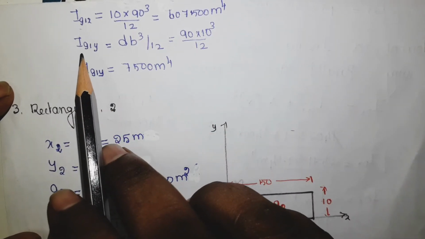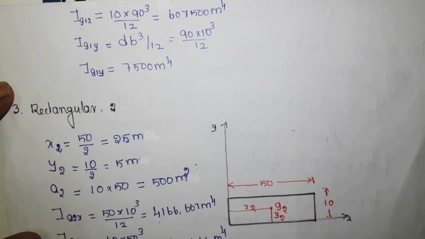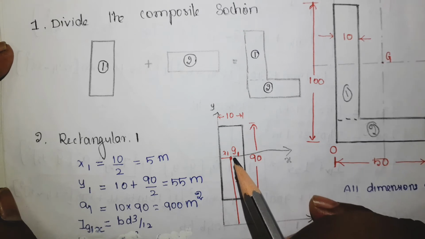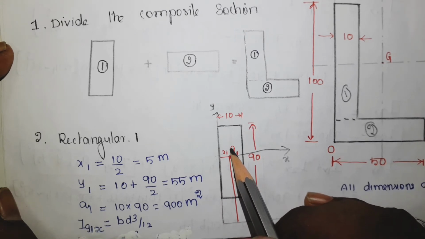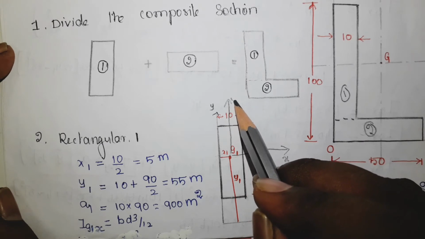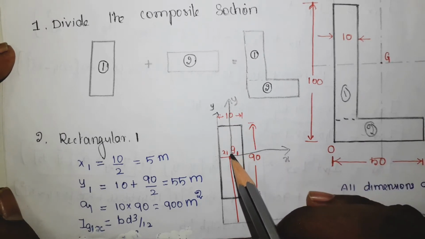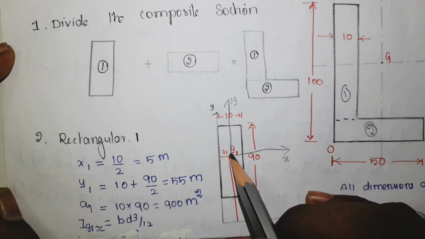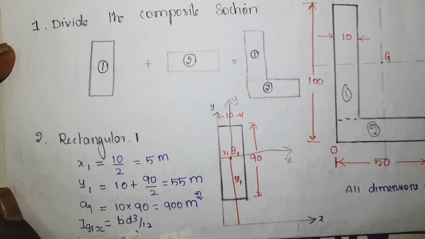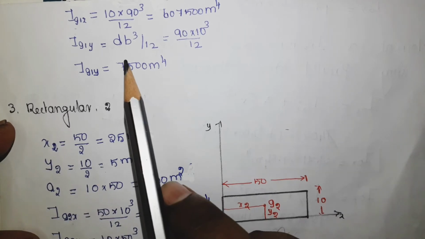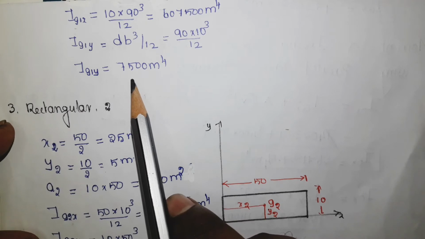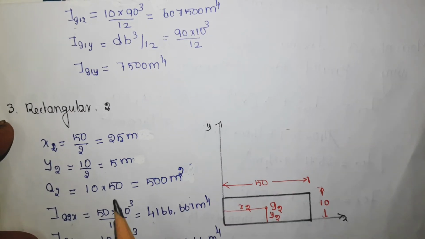The next fifth variable is Ig1y, which is the area moment of inertia with respect to the y axis passing through this centroid. So I have to find the area moment of inertia with respect to this axis. Now the corresponding formula is db cube by 12. Substitute the values, finally get the answer as 7500 meter to the power 4.